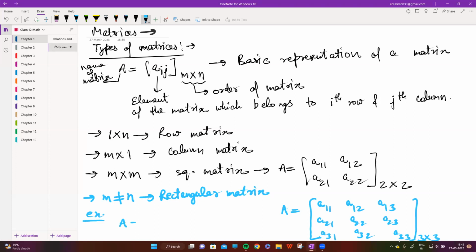Let's take a matrix A which is 1, 2, -3, 4, 7, 9. This matrix involves 2 rows, 2 horizontal lines, and 3 columns, 3 vertical lines. So the order is 2 cross 3.